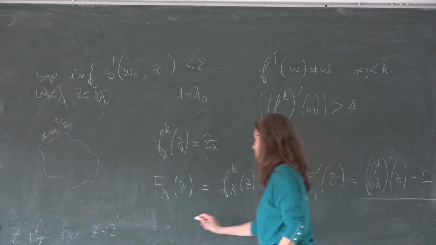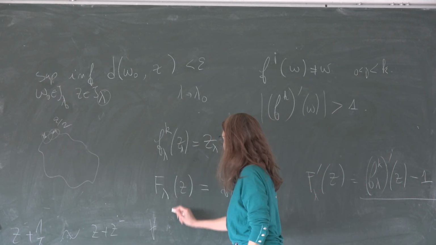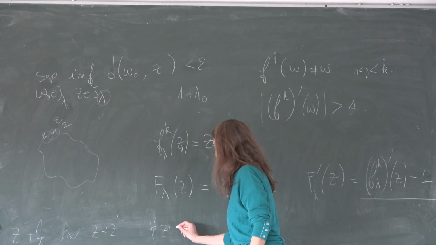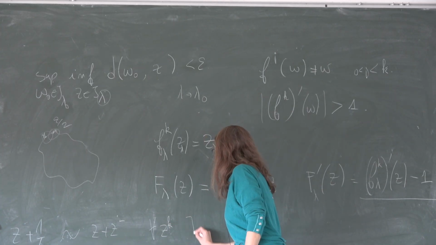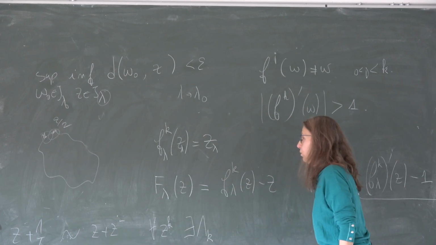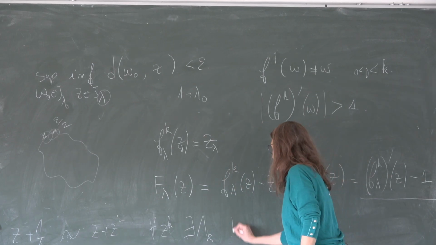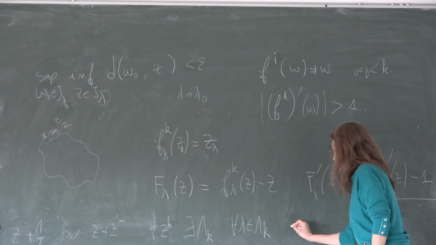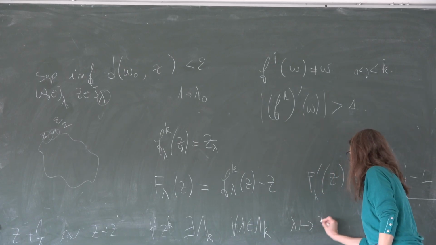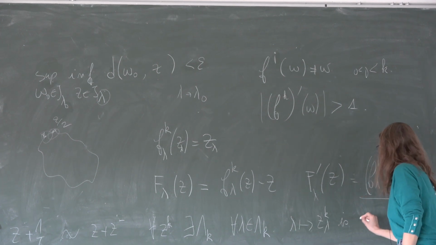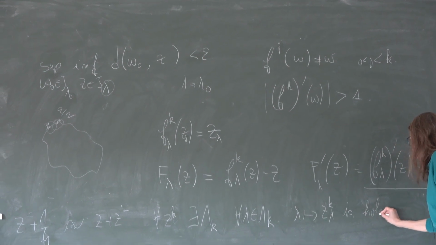For each periodic point, I will write z_k. There exists a neighborhood lambda_k of lambda naught, such that for any lambda in lambda_k, the map lambda goes to z_k(lambda) is well defined and is holomorphic.